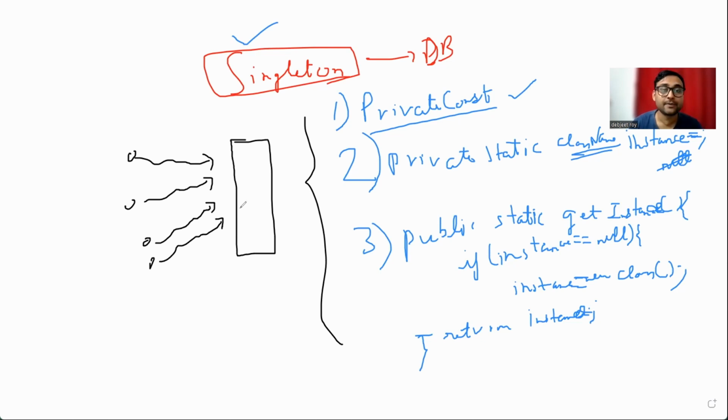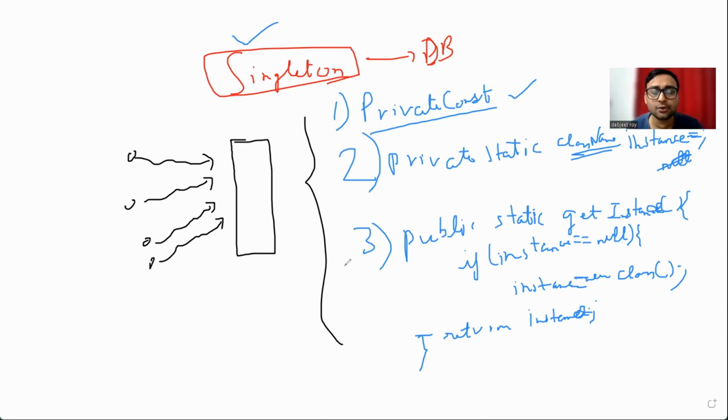Let's suppose two threads come to write the data in the DB. Then what will happen? How will you handle that scenario? Will that be maintained by these three steps only? No. You have to do some extra configuration so that you can handle multiple threads at the same time.